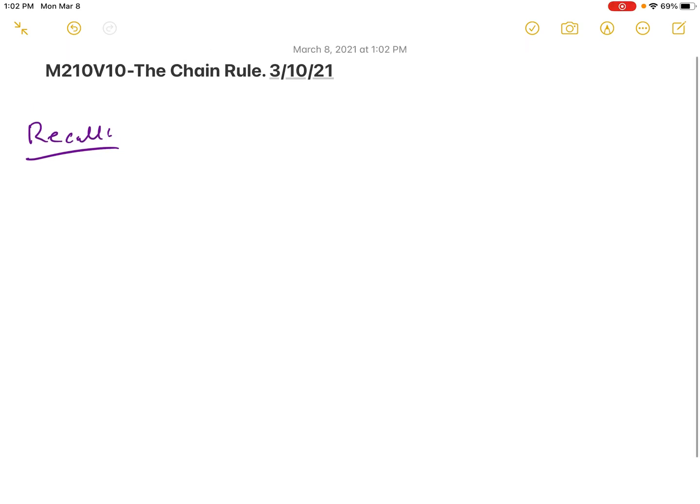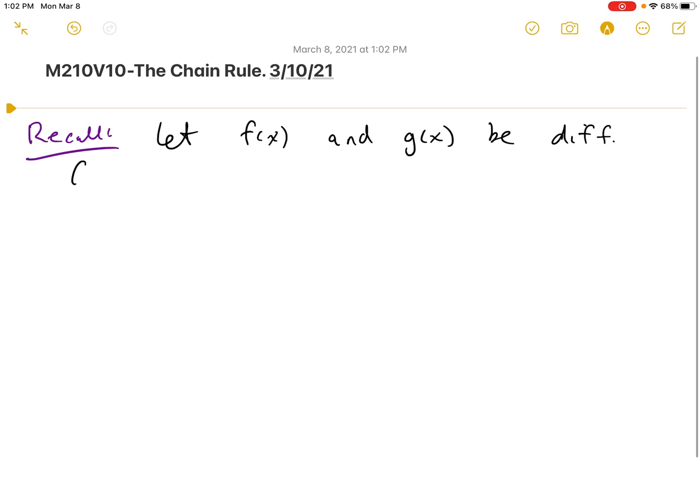So we're going to start by letting f of x and g of x be differentiable functions.